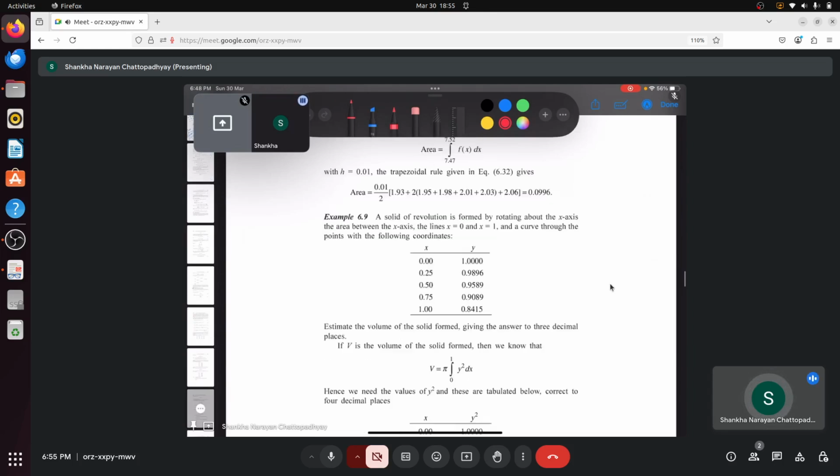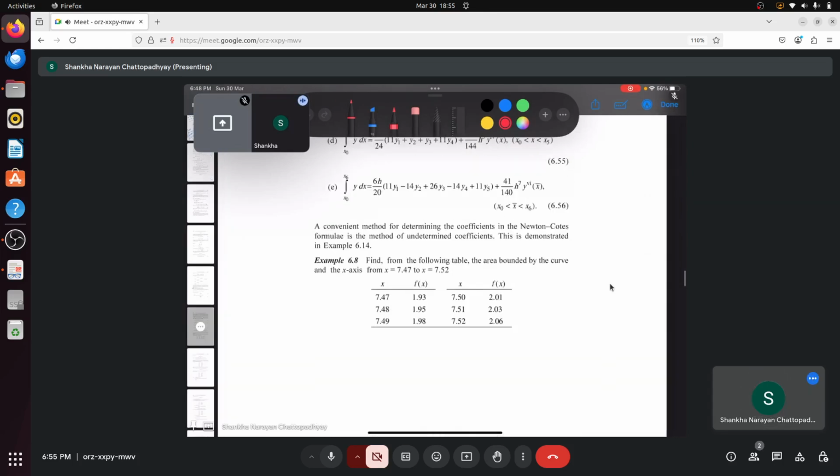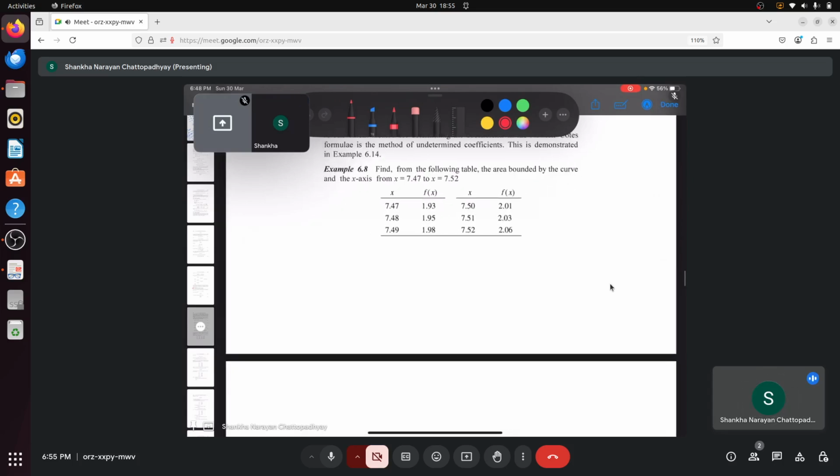So next I will discuss a few problems. Find from the following table the area bounded by the curve and the x-axis from x equal to 7.47 to x equal to 7.52. So you have a table where you have the tabulated x values, you have the tabulated f(x) values.